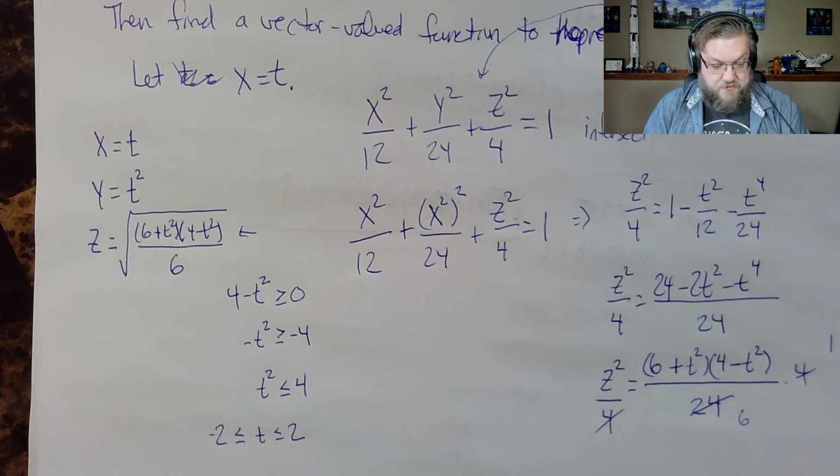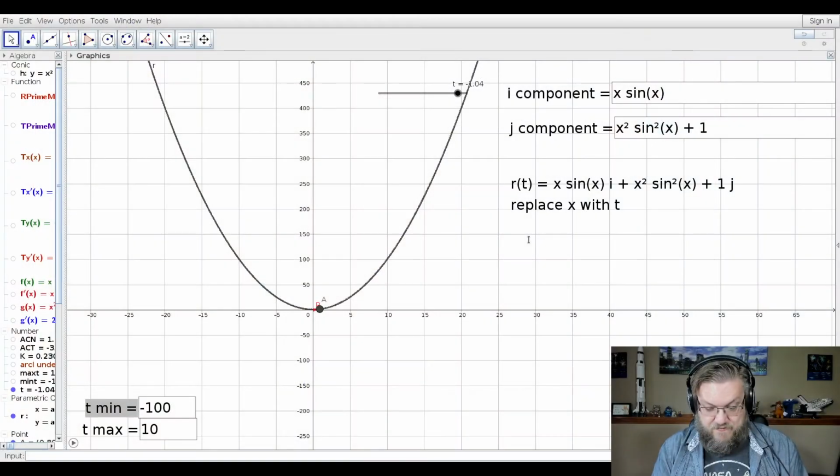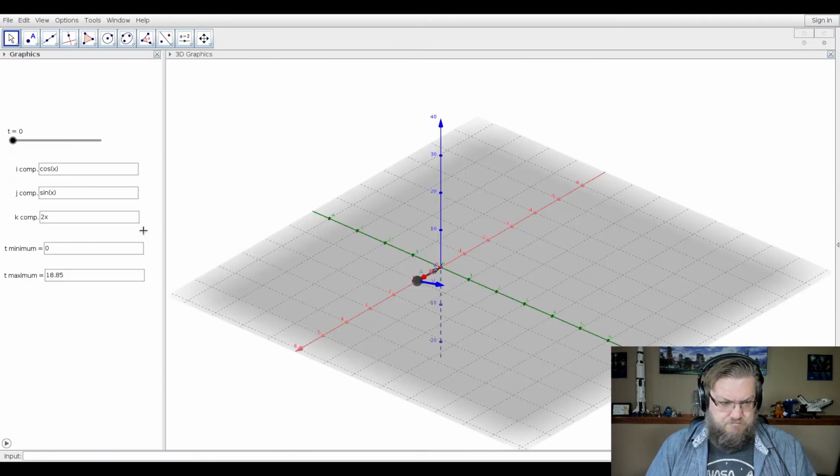Let's now go to the 3D applet for GeoGebra here, and I'm going to graph that, see what that looks like. So let's open this up. Okay.